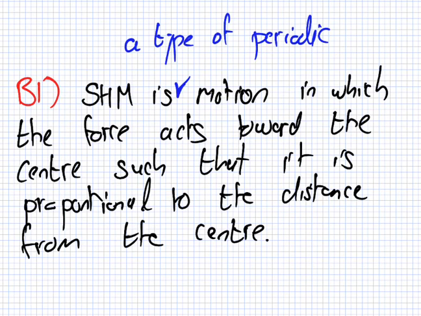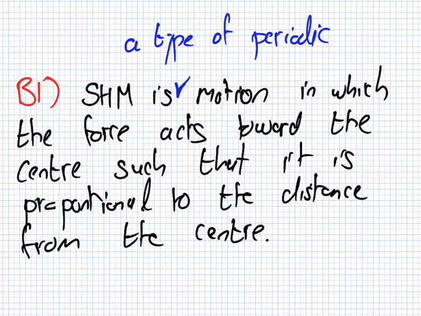Yeah, I mean it's 2 marks. So if you wrote simple harmonic motion is a type of periodic motion in which the force acts towards the center such that it is proportional to the distance from the center, I'd give you the 2 marks for that. Okay? Okay, can I go on to the next part now?